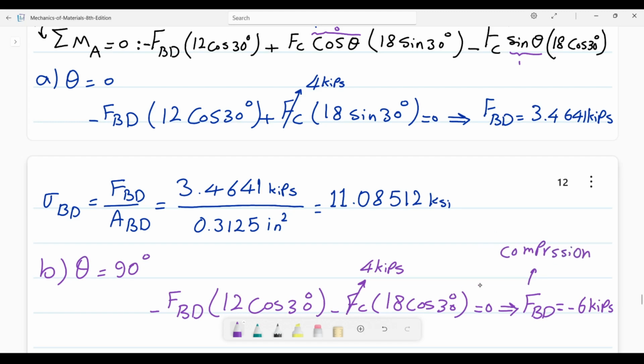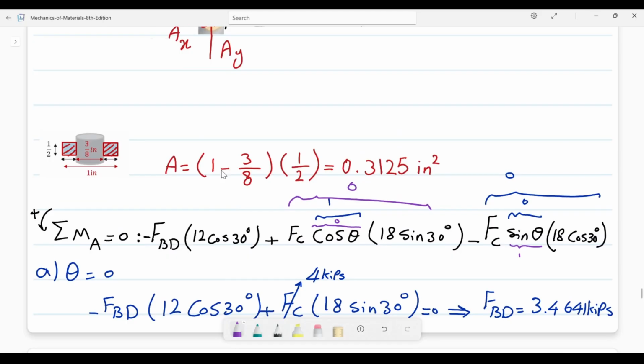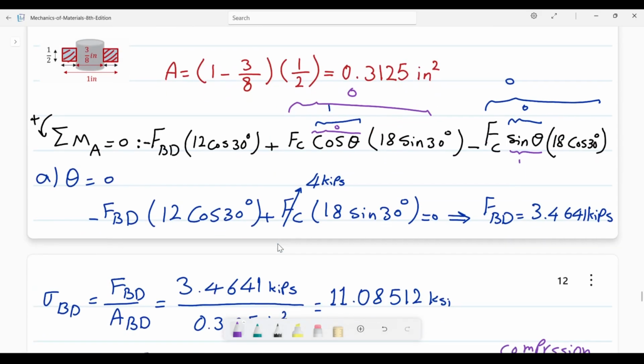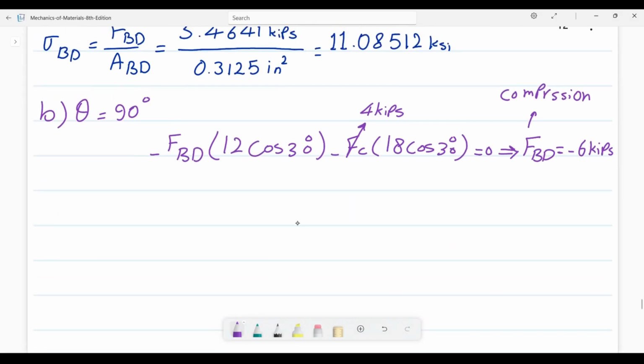It means the area is different and it's not equal to this part. The area for compression loading is a rectangle, and it's 1 multiplied by a half, it's equal to 0.5 square inch.